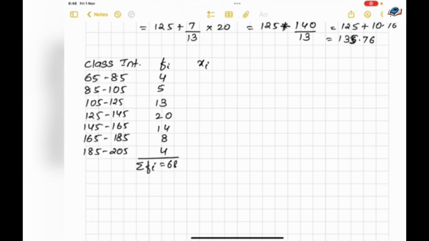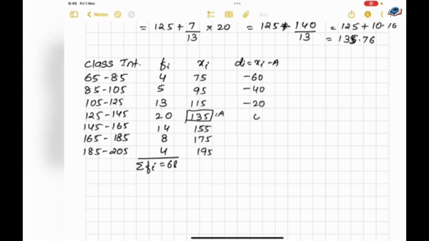Now again to find mean, I am using class interval, fi, xi will be sum of both divided by 2. So 75, here it will be 95, 115, 135, 155, 175, 195. So A will be 135. Now di equal to xi minus A. So minus 60, minus 40, minus 20, 0, 20, 40 and 60.